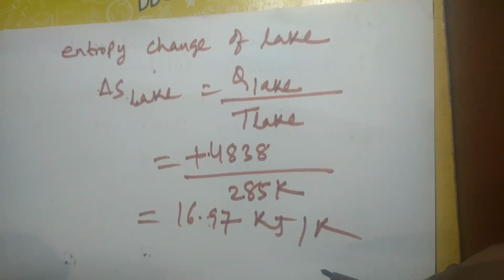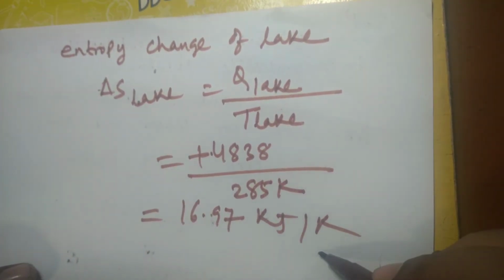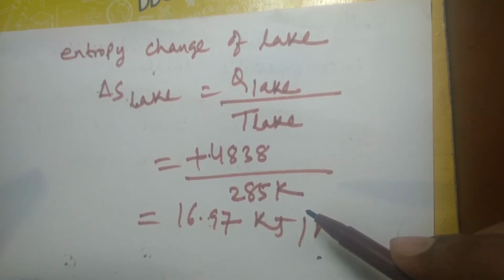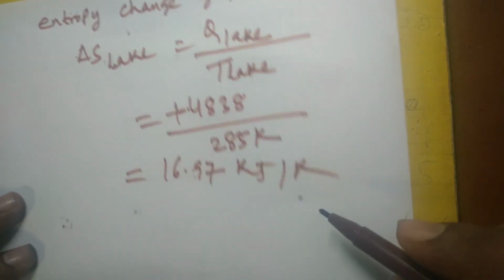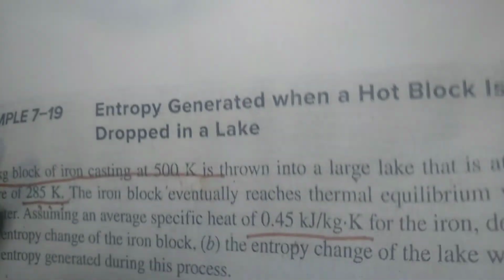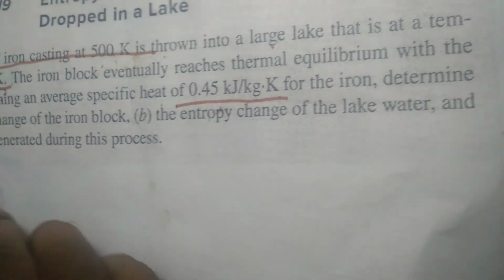This is the entropy change of the lake. So the entropy change of the lake is positive, but in the first bit we calculated the entropy change of the iron casting to be negative, and we are now required to find the entropy generated during the process.